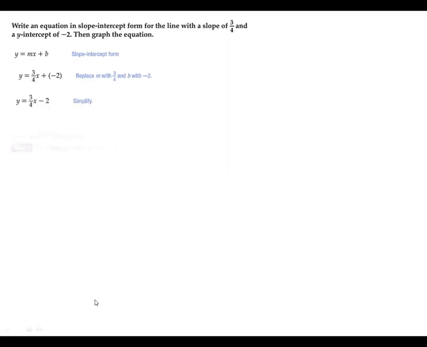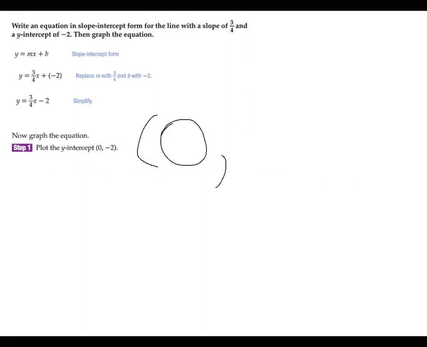And then you want to graph the equation. So plot the y-intercept. Remember, y-intercepts are always 0, the number, and they should cross the y-axis because it's the y-intercept. Since they already told you it's -2, you know the point is 0, -2.